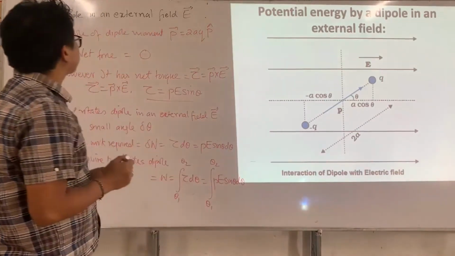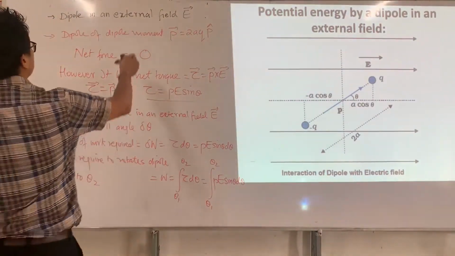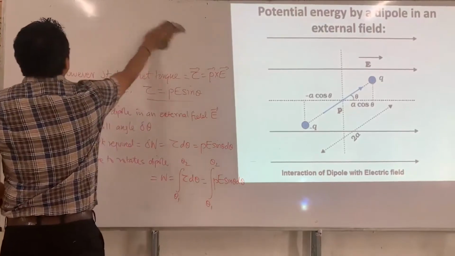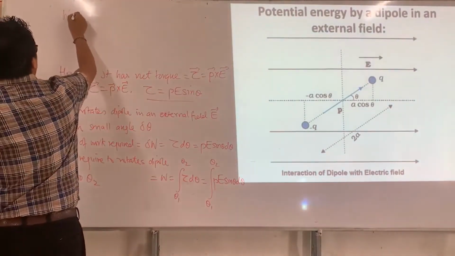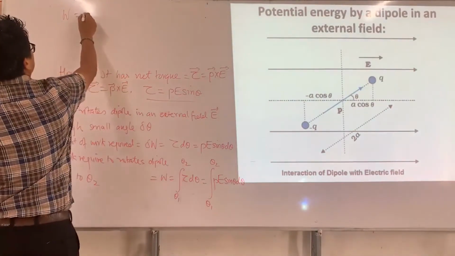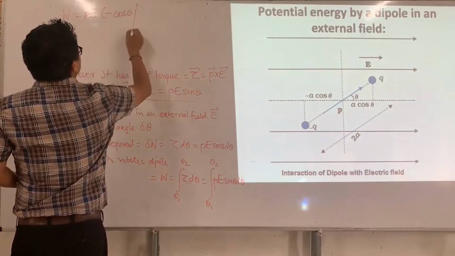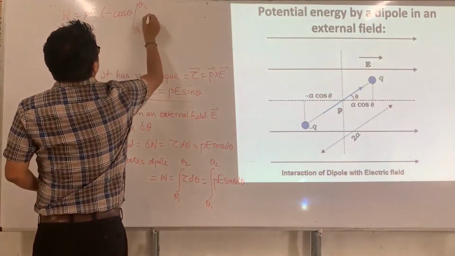So I'll do the integration. What is the integration of sine? It's minus cos theta. So the total work is equal to PE times minus cos theta, with limits from theta 1 to theta 2.